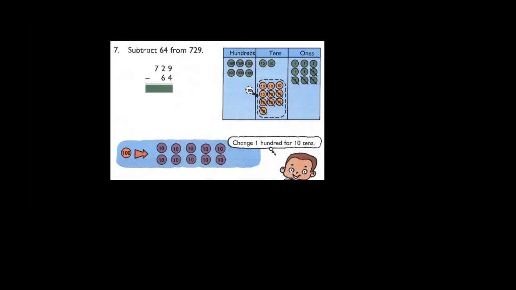so now this whole thing gets repeated with more complex numbers. So now please note, if you're trying to subtract 729 minus 64, from 9 ones we can clearly eat away 4 ones, and we're going to be left with 5 ones.